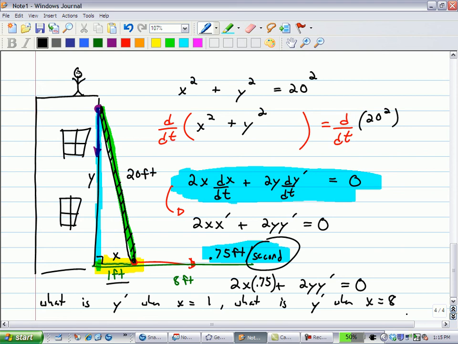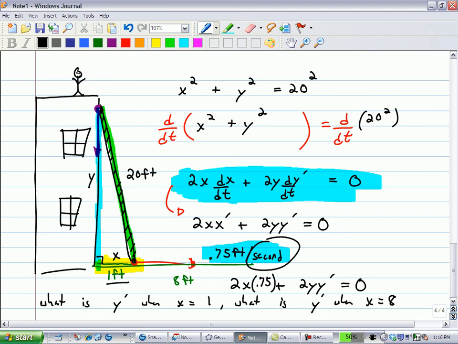So those are the two questions we're trying to answer here. We do know that x is 1, which sets up that we're going to know y because of the Pythagorean theorem. So if you've got x, you can get y, and that will just leave y prime.